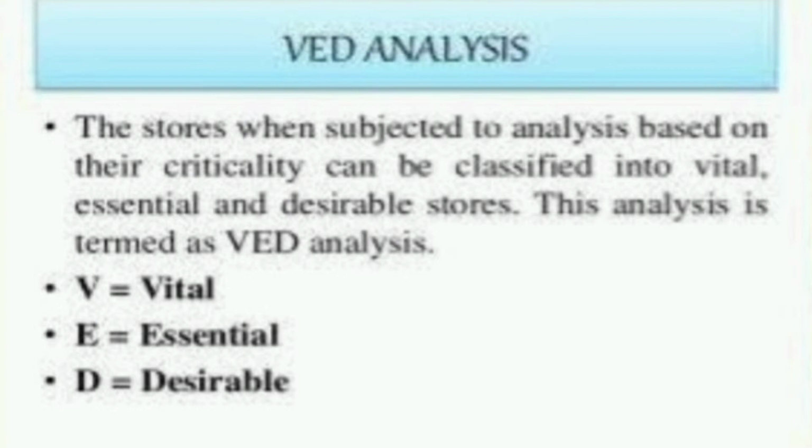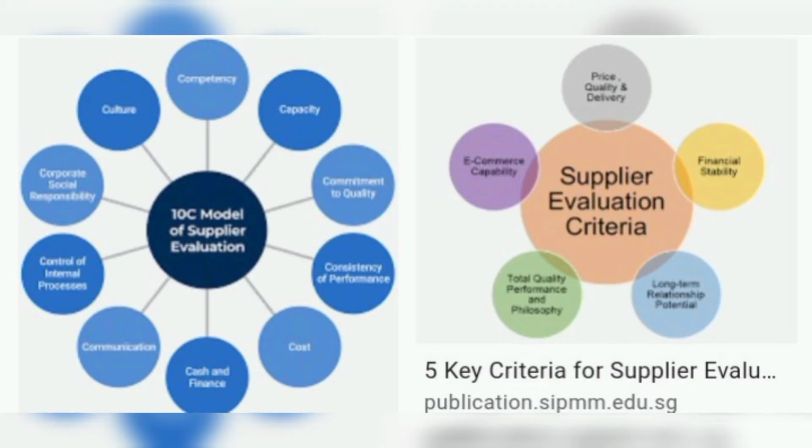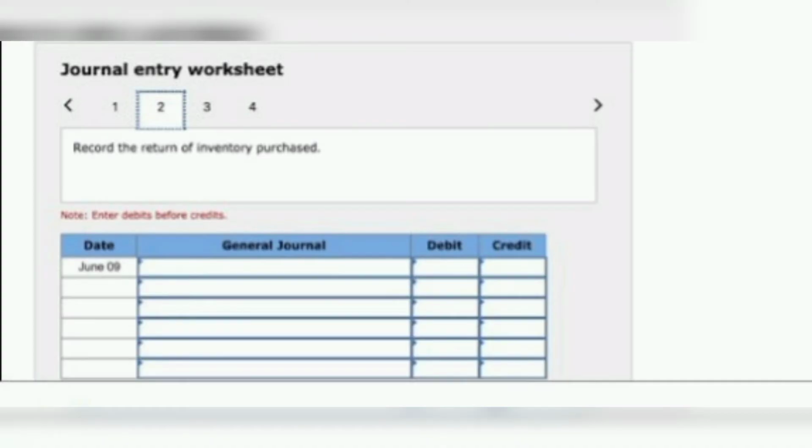And also the pharmacy in charge is supposed to check the inventory of their stock. Proper inventory checking will help the pharmacy avoid pilferage. And also the pharmacy in charge should be well versed with vendor selection. So good vendor selection is very important.